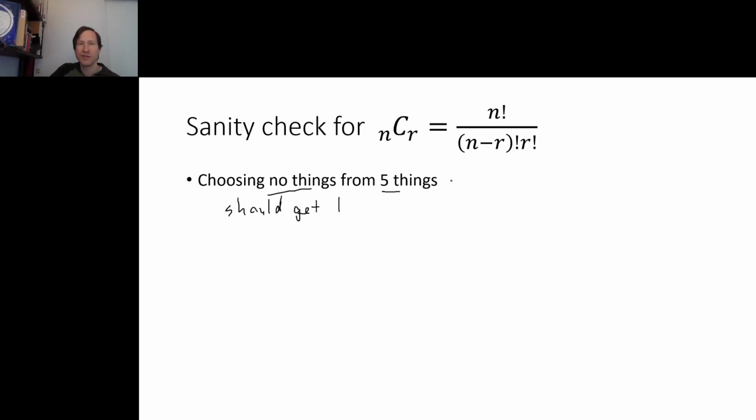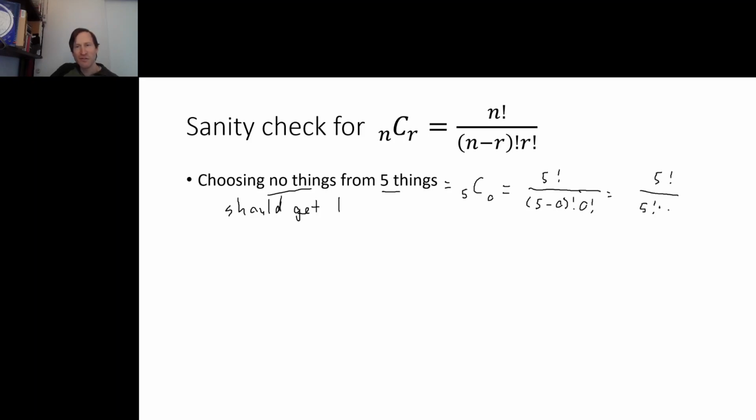Choosing no things from 5 things would be 5 choose 0. So this would be 5 factorial over 5 minus 0 factorial times 0 factorial. So this is 5 factorial over 5 minus 0, which is 5, so 5 factorial.